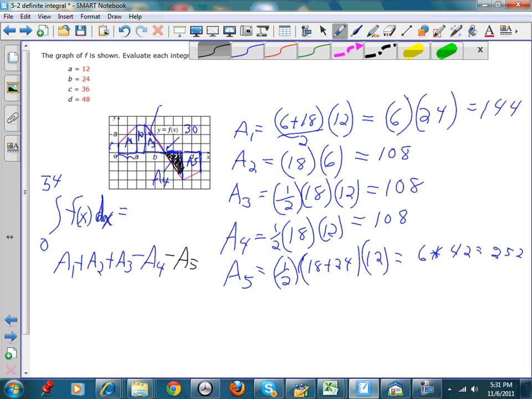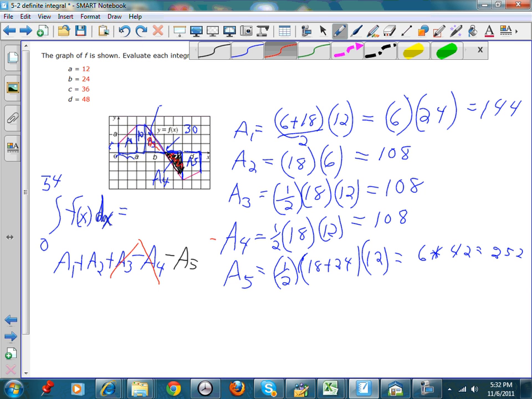Okay, so the integral from 0 to 54 should be what? Well, A4 and A2 are exactly the same. That's going to cancel with that. No, not A2, it's A3 really. Let's go back. These are the same shapes. A3 and A4, these cancel.